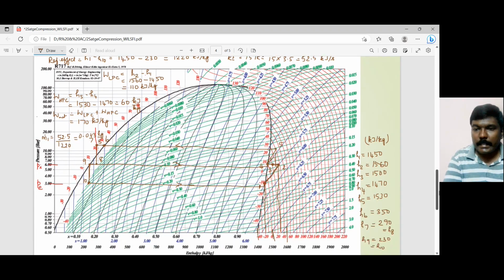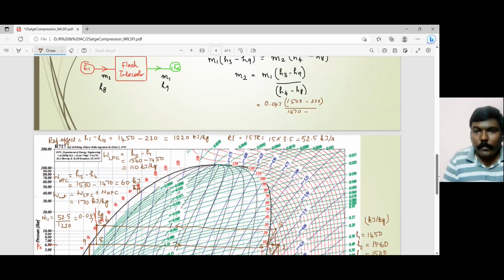H8 is 290. There is a small correction we have to do for the LPC and HPC because the mass flow rates are different. So (1500 minus 230) multiplied by 0.043 divided by (1470 minus 290) is 0.046 kilogram per second.